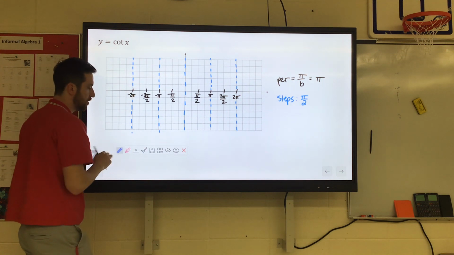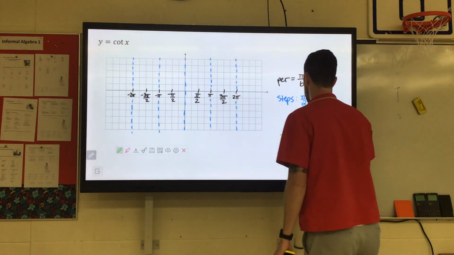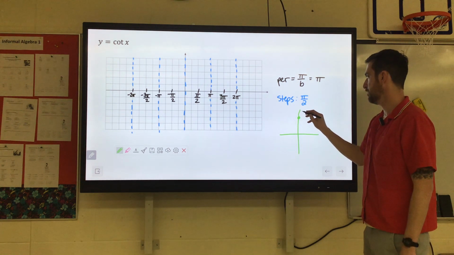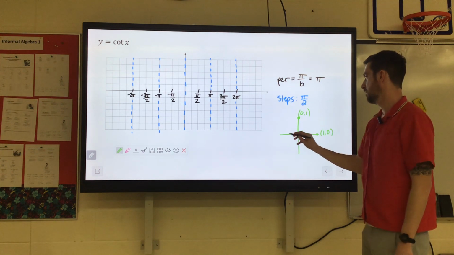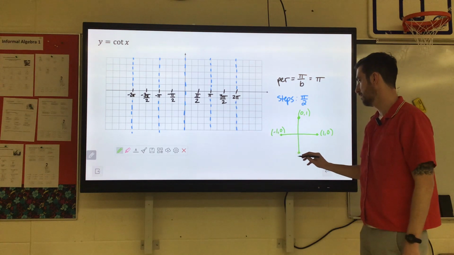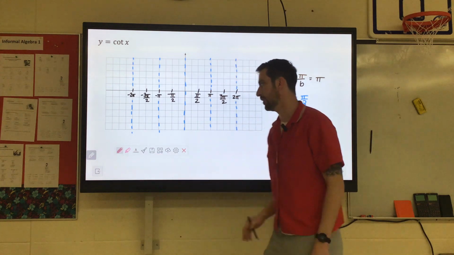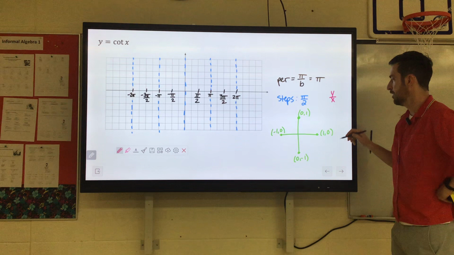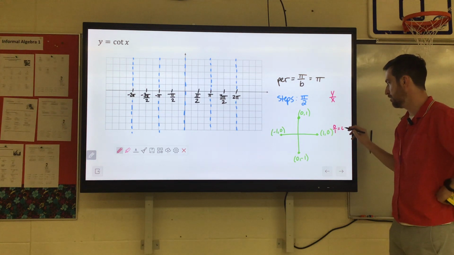Now this all corresponds to the unit circle here. So if you think about the unit circle, this point would be 0, 1. Over here would be 1, 0. If we're looking at the tangent here, remember tangent is y divided by x. So tangent, y divided by x, is 0.